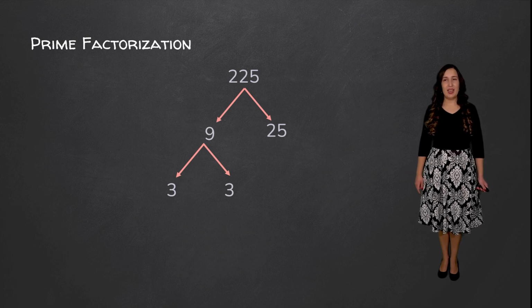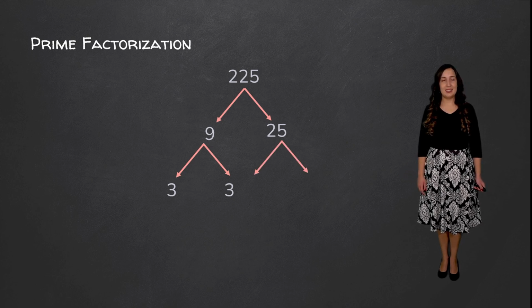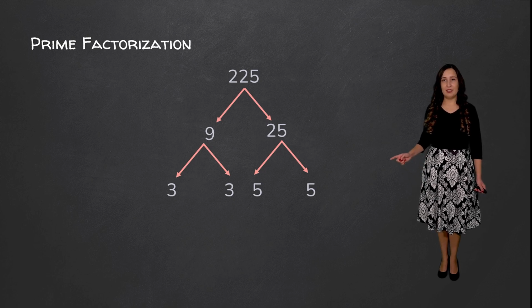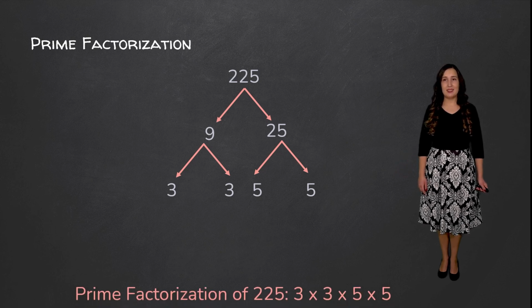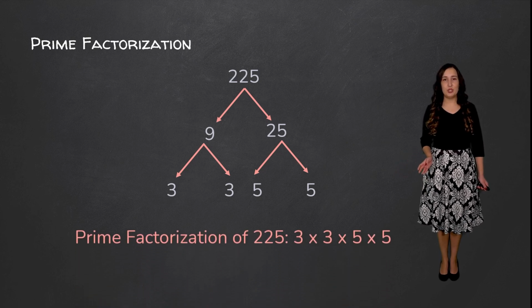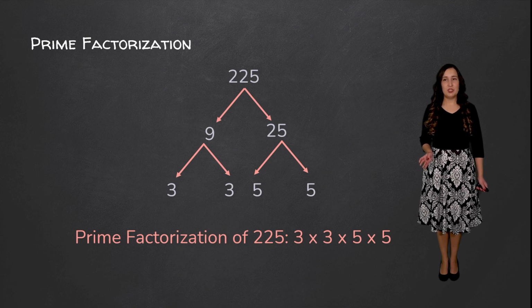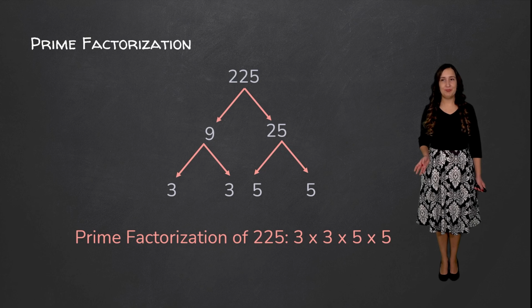And now 25, we could break that down, and the two factors multiplied by each other to give us 25 are 5 and 5. So here we have 3, 3, 5, and 5. And those are all prime numbers, so that means we're done. So the prime factorization of 225 is equal to 3 times 3 times 5 times 5, okay?